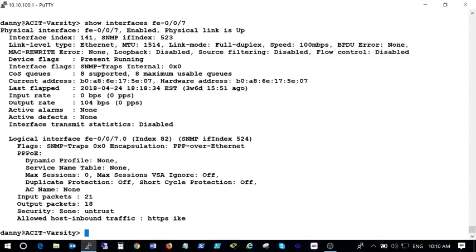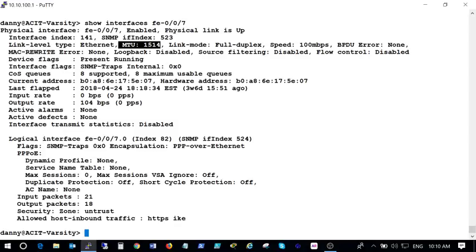Alrighty, so what can we see here? We see that it is up. We're going to see the MAC addresses on that. What else are we seeing here? Interestingly enough, we're seeing an MTU of 1514. What is that all about? Anyone? It is different.